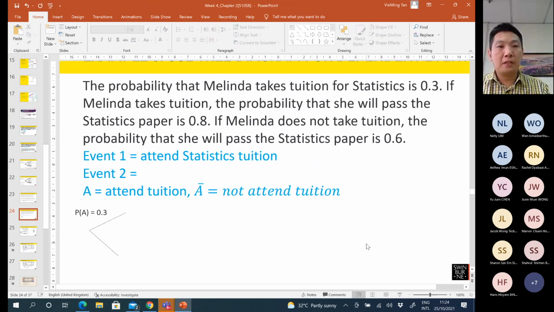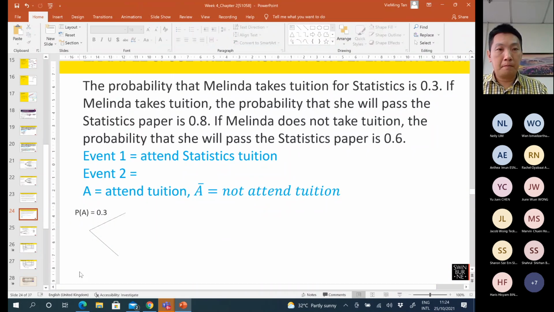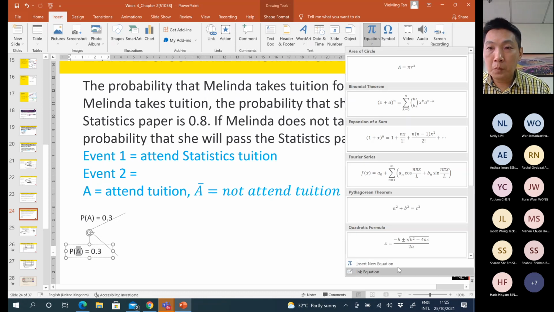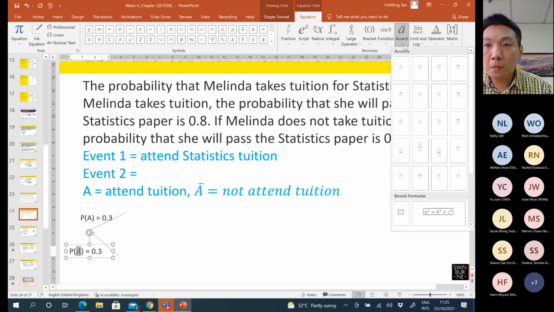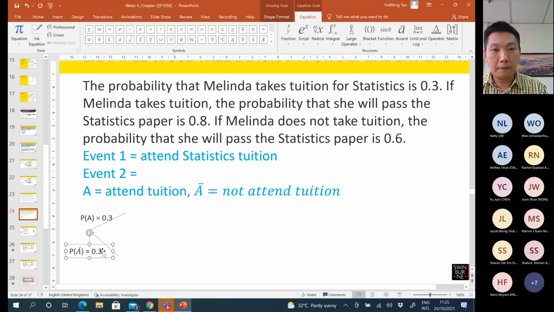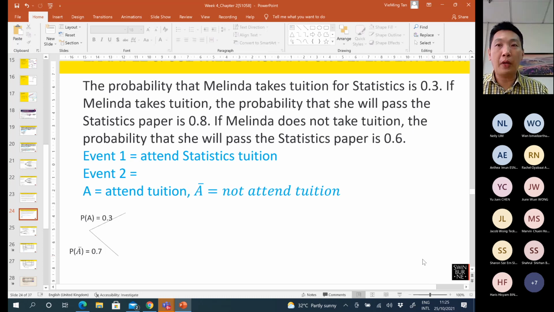So P(A) is equal to 0.3, yeah? And probability of non-A is equal to 0.7. So this one I change to non-A. So far this is what we have from the first sentence only.